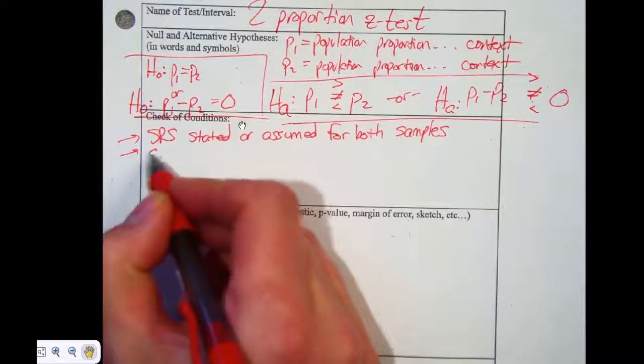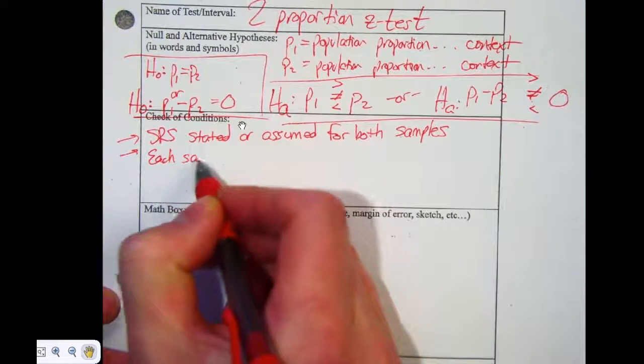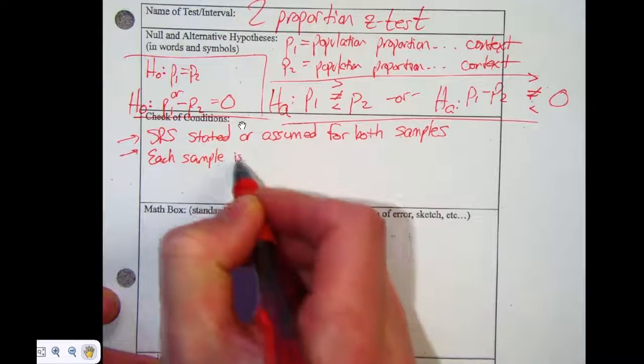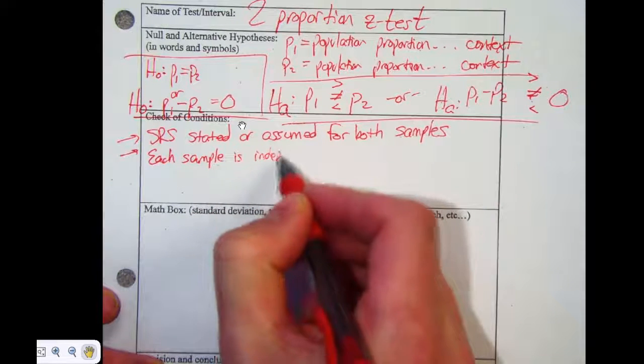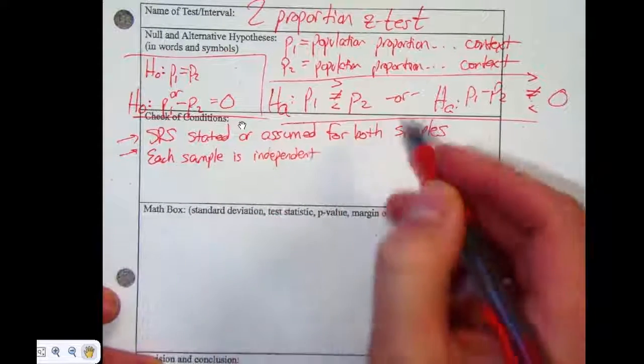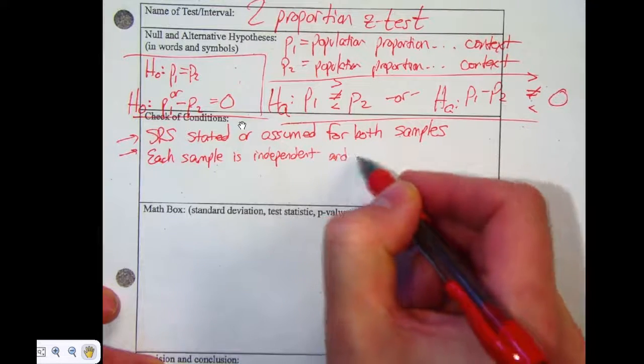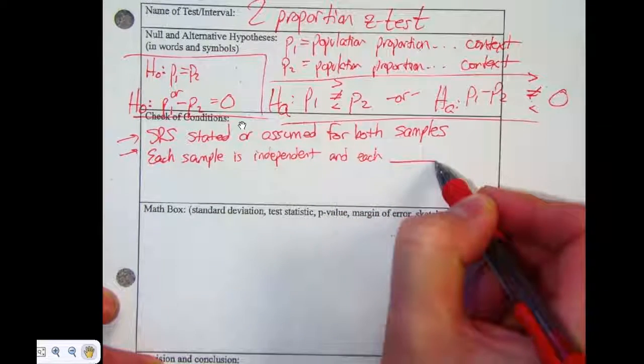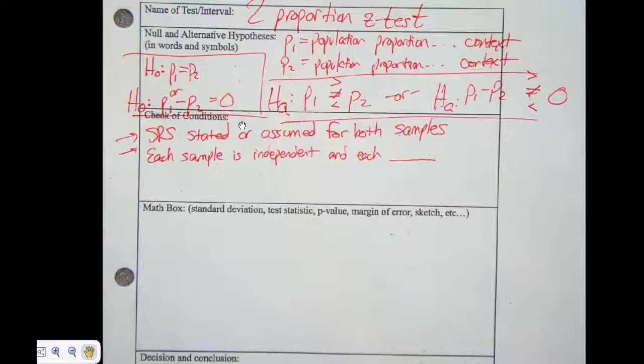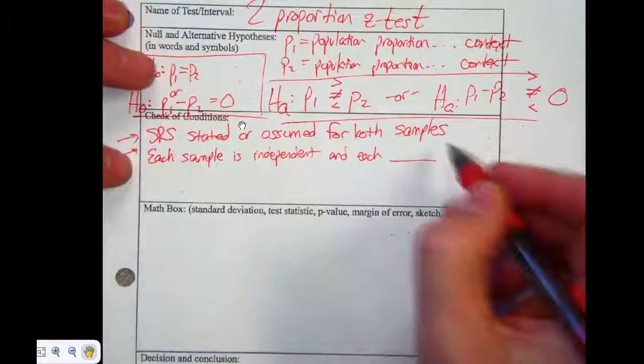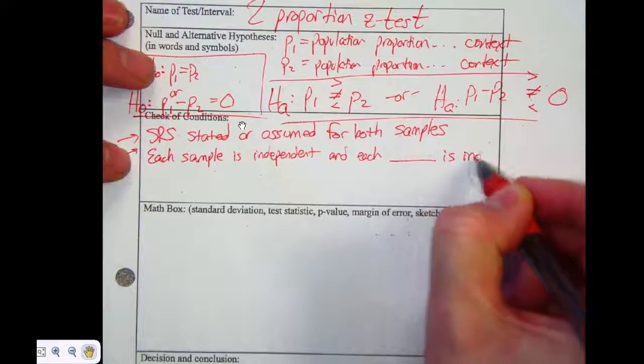Then you're going to say each sample is independent, and each student, test, flower, or whatever is independent.